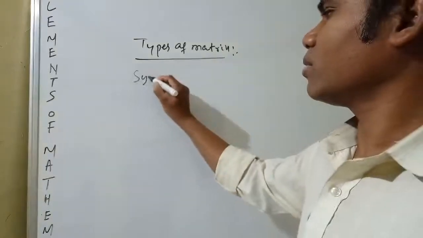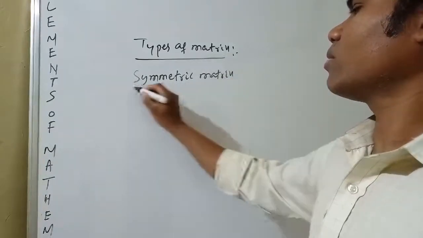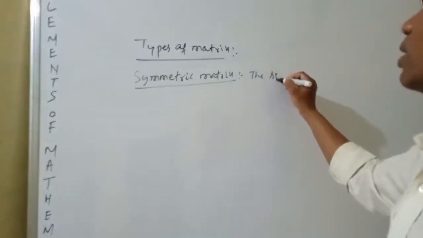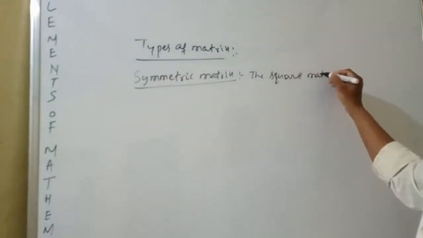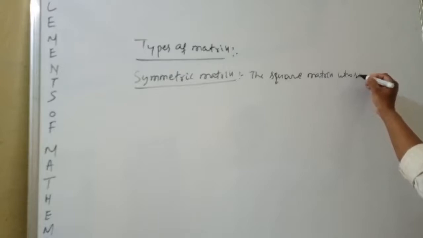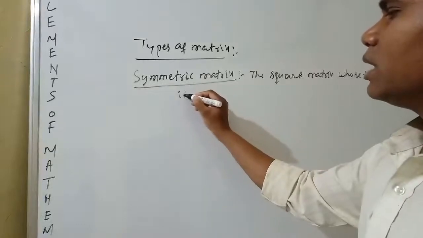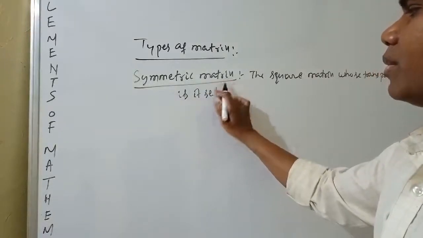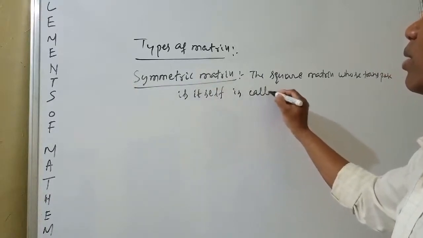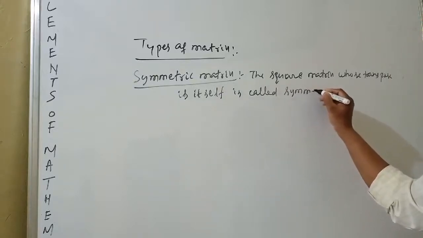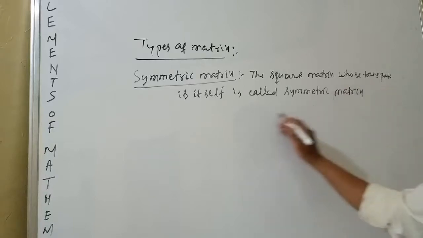Symmetric matrix. The square matrix whose transpose is itself is called a symmetric matrix.